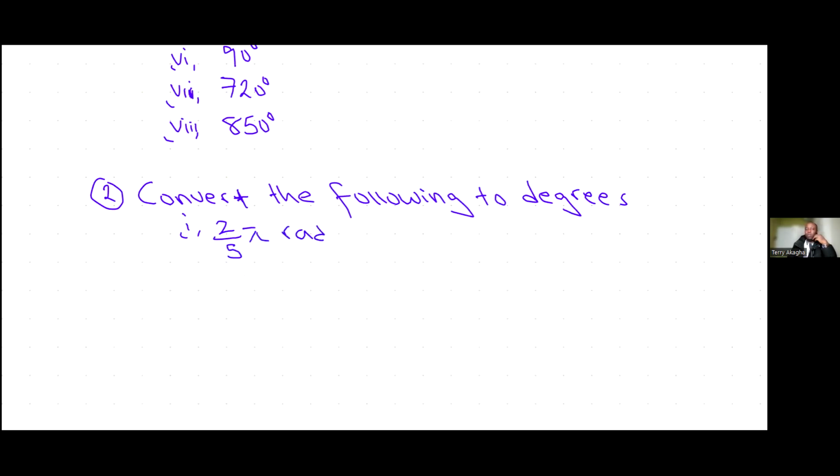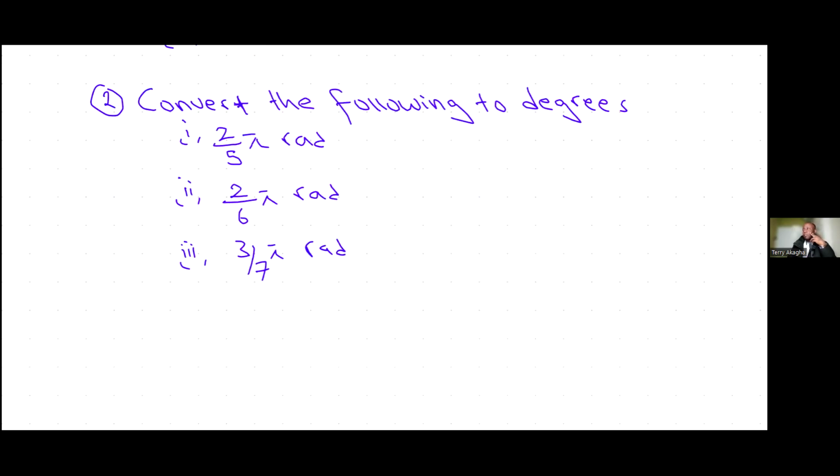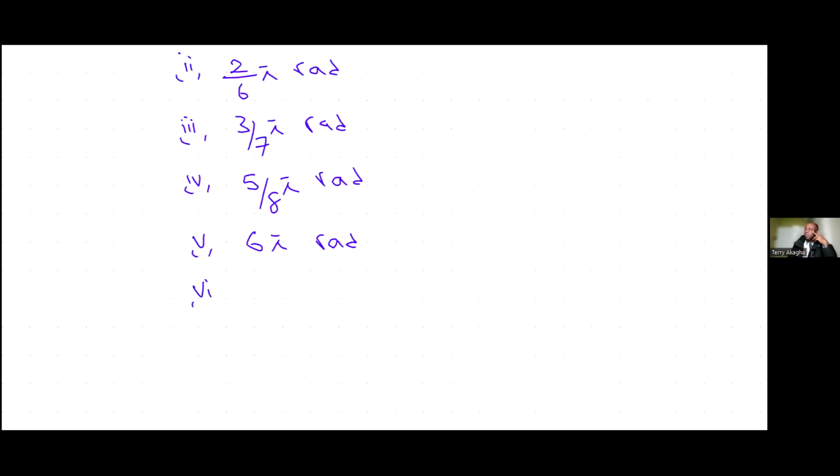Number 2, 2 over 6 pi radian. Number 3, 3 over 7 pi radian. Number 4, 5 over 8 pi radian. Number 5, 6 pi radian. Number 6, 5 over 12 pi radian.